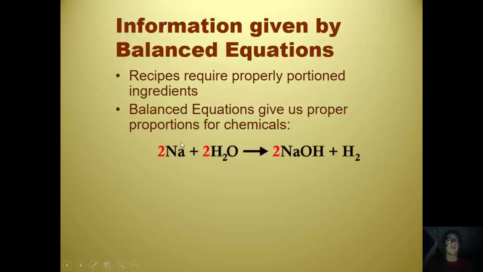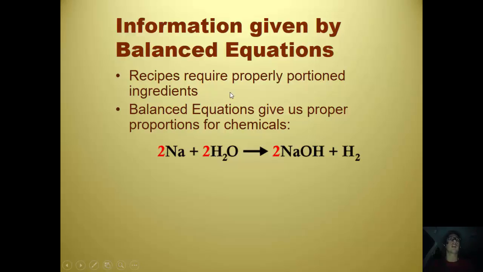So if we have 2Na plus 2H2O yields 2NaOH and H2, this is properly balanced, and this gives us the proportions. If you know you need so many chocolate chips for cookies, you need that certain amount.